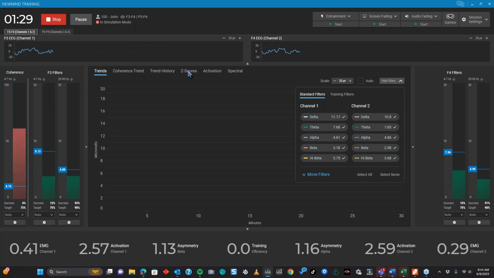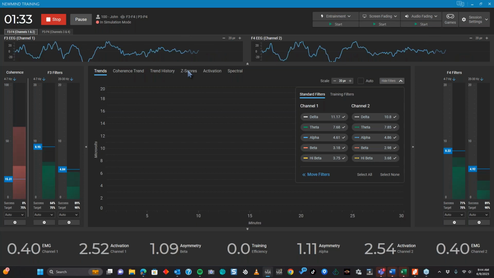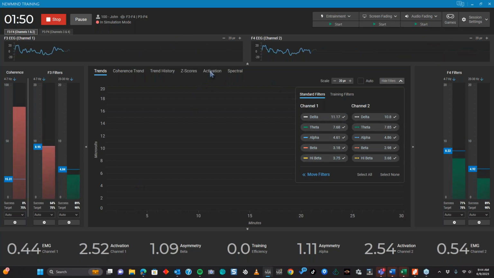I can get more information by looking at the numbers at the bottom of the screens, looking at my average amplitude of my frequency bands, looking at the activation trends or looking at asymmetry trends. But when you're running these 4-channel coherence protocols, this z-score screen can be extremely helpful.